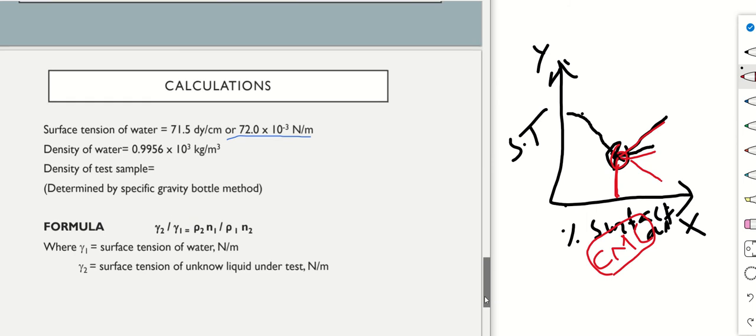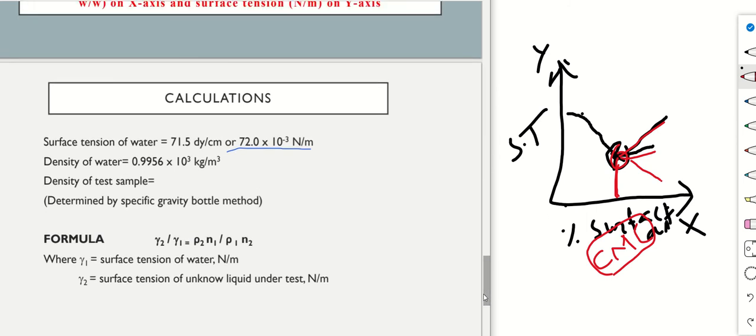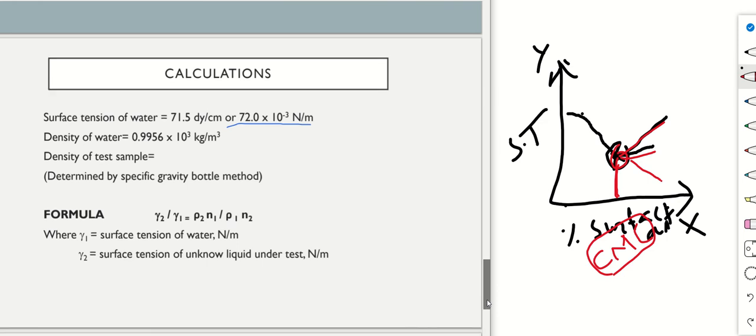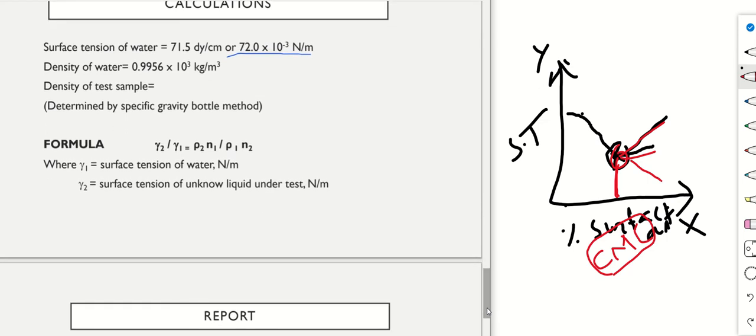And this is how the calculations are made by making use of a formula: gamma 2 by gamma 1 equals rho 2 n1 by rho 1 n2. Gamma 2 is the surface tension of the surfactant of particular concentration, which we have got already in the observation table, and gamma 1 remains constant, and densities remain constant.